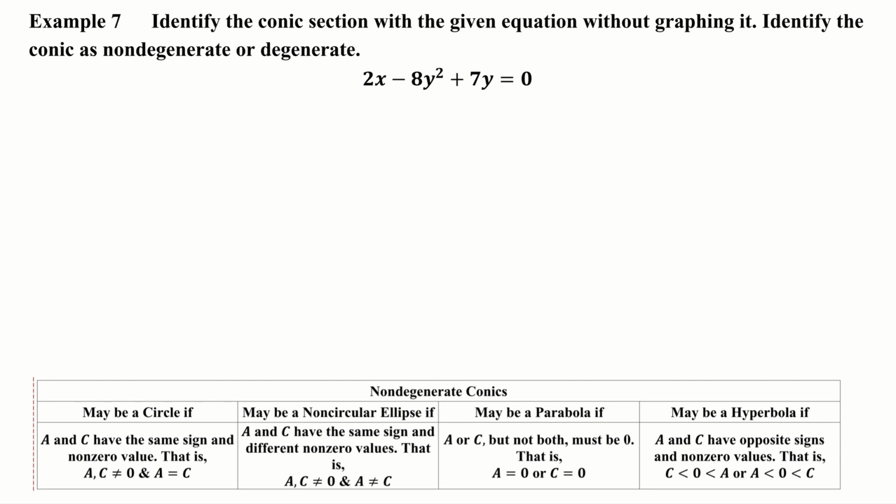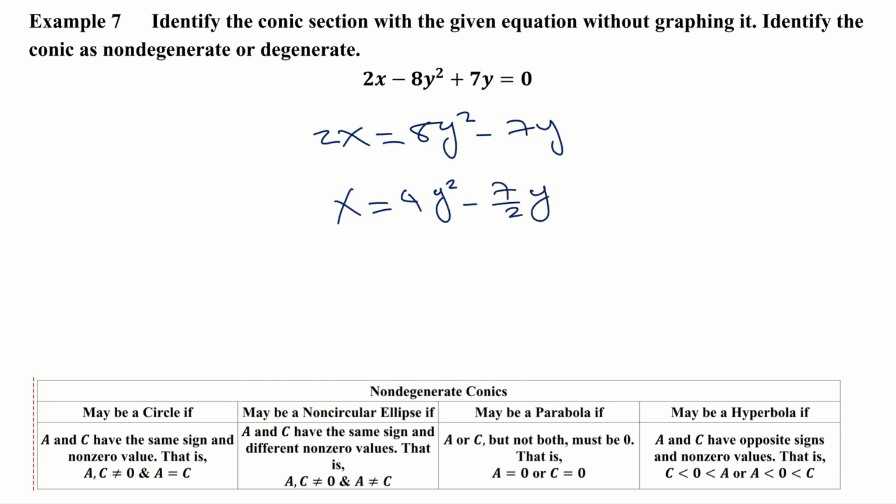So if you actually solve this for x, you would get x equals 4y squared minus 7/2 y.